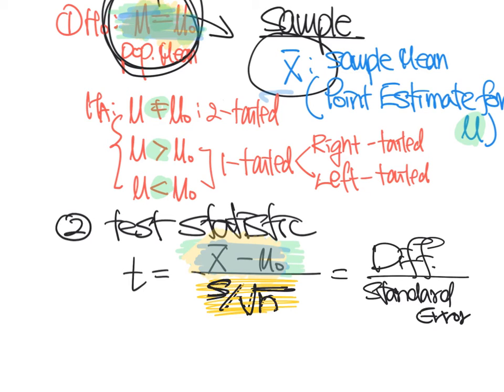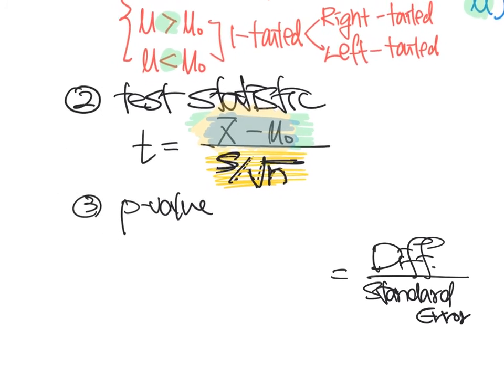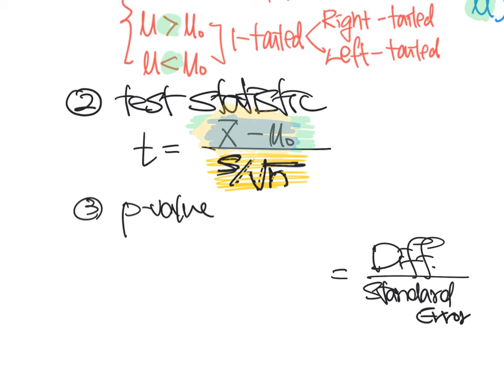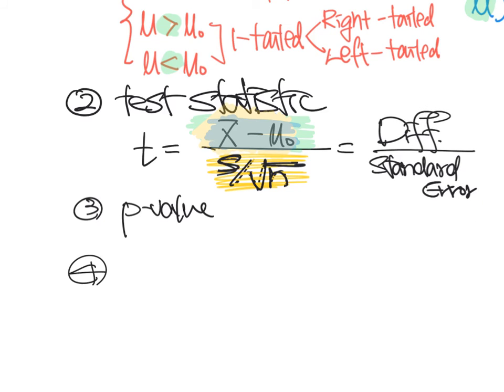So taking the test statistic is the second step. And the third step, we take the p-value, right? And also we make the decision. Yep, it's a decision.